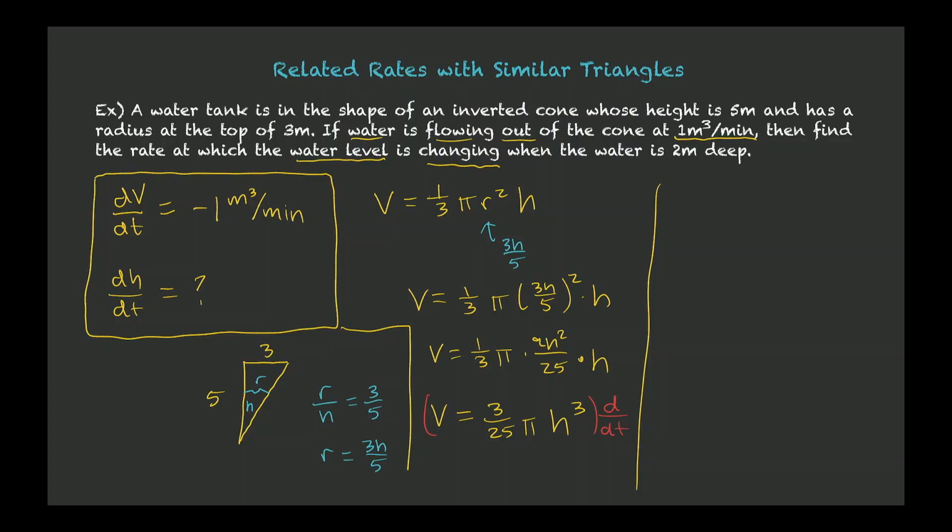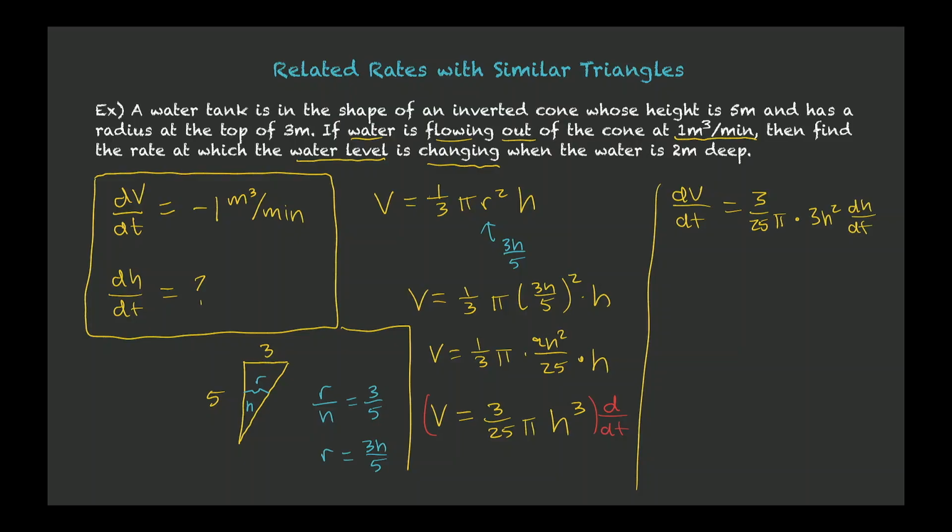So for example, the derivative on the left-hand side, the derivative of V, is just 1, and then dV/dt. On the right-hand side, 3 over 25 pi, those are just numbers, they just sit there. And the derivative of h cubed is 3h squared, and then dh/dt.